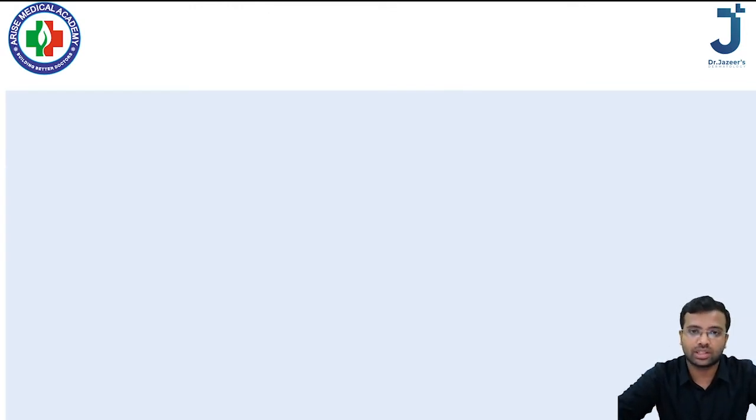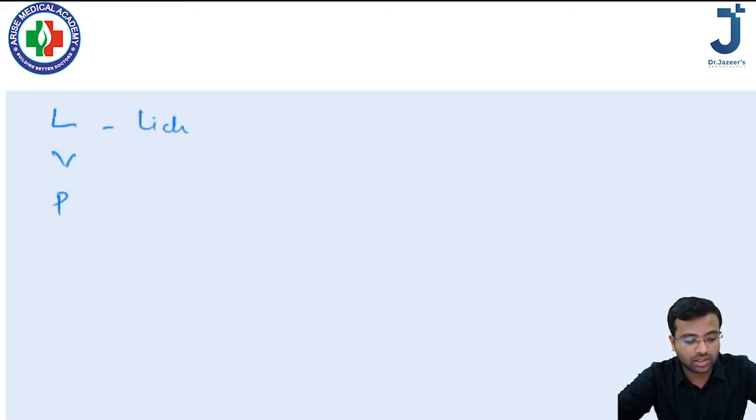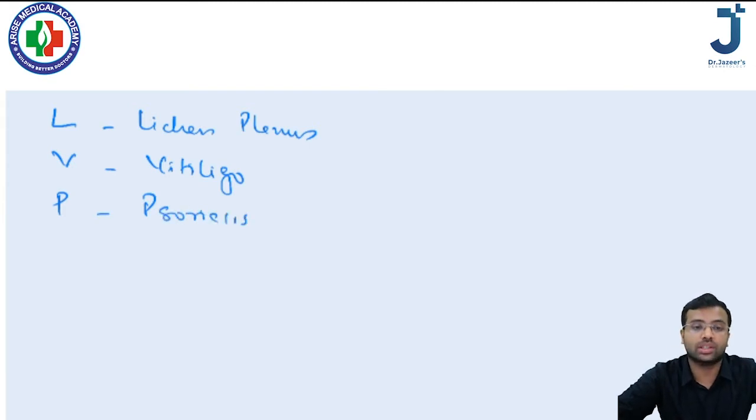There are a few diseases which you can remember with the mnemonic LVP, that is lichen planus, vitiligo and psoriasis, where you would be able to see this phenomenon called Koebner's phenomenon.